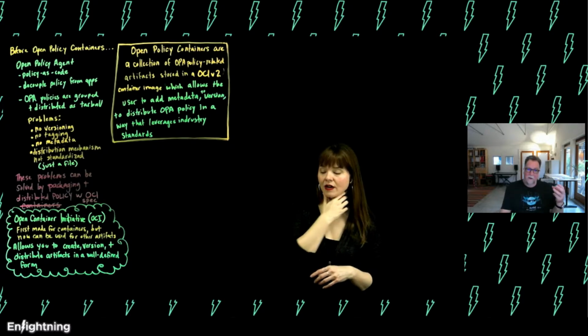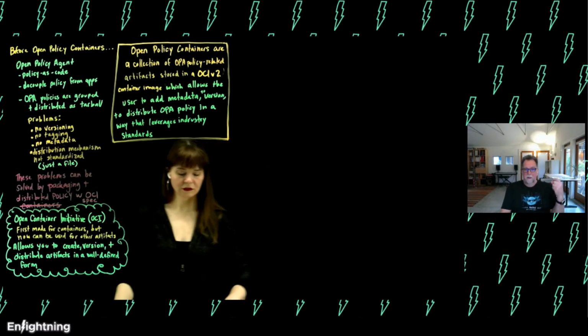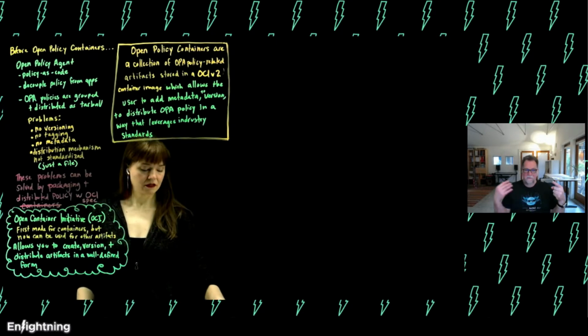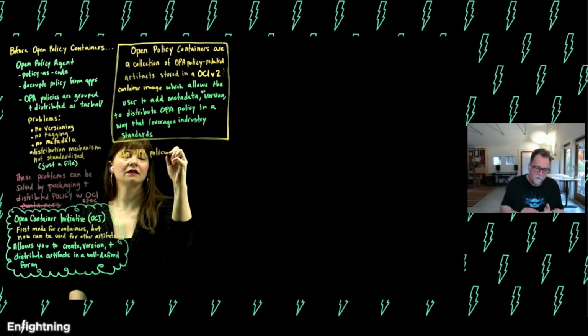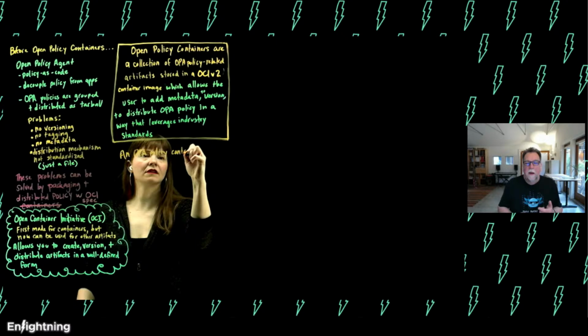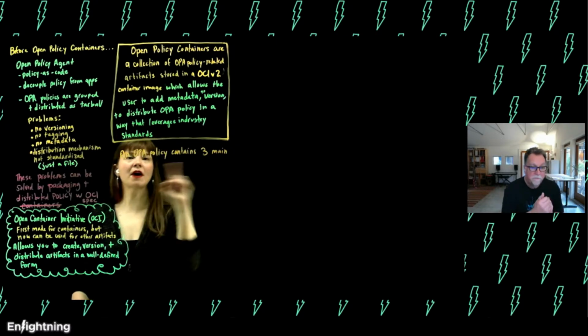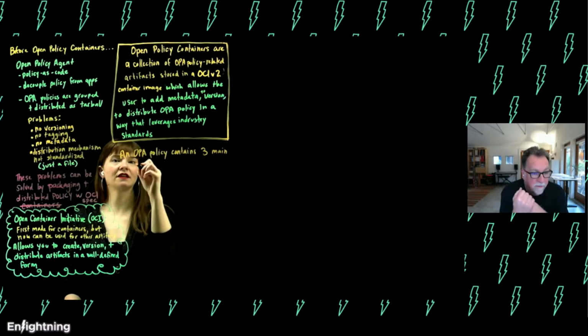There's a manifest file, which describes what is in here, says something about versions, and can contain signatures. There are some other artifacts in there. So this is a policy, not a policy container.